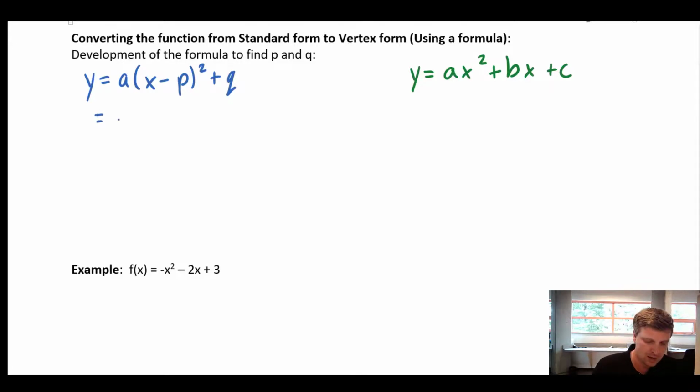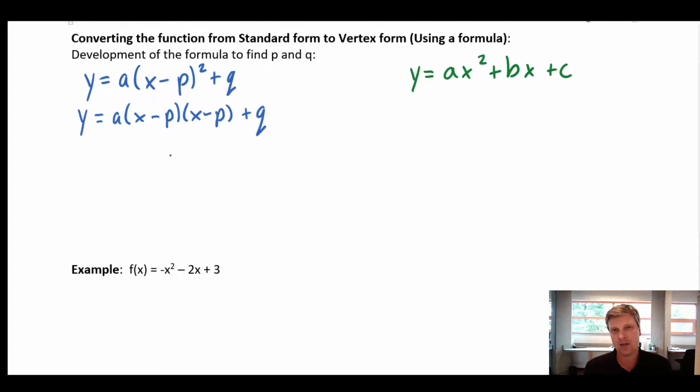So this could be written as y equal to a(x minus p)(x minus p) plus q. And if I expand out this x minus p, this term here, we would see that we would get x times x is x squared, and then negative p times x, and then I'm going to get another negative p times x. I'm going to get minus 2px, and then negative p times negative p, I'm going to get plus p squared.